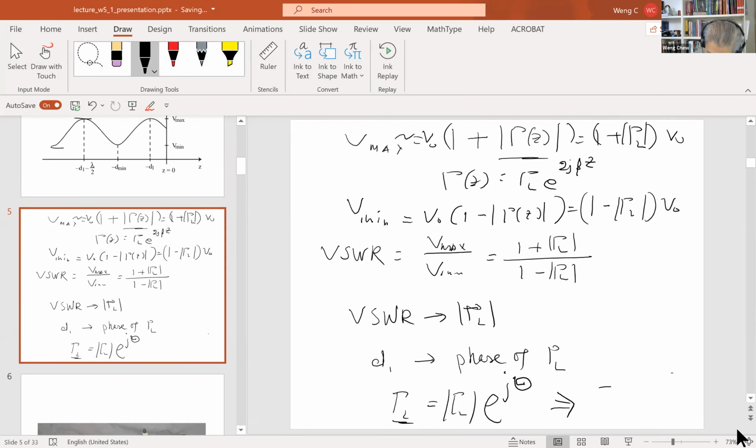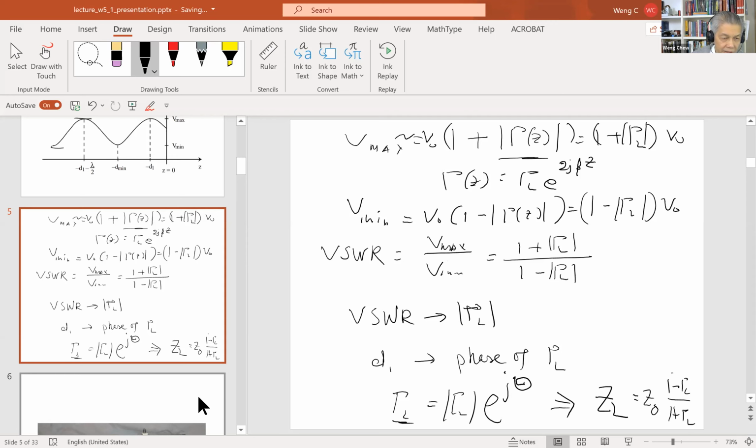And from here, you can find ZL. ZL and gamma L are related to each other because we know that ZL is Z naught times 1 plus gamma L over 1 minus gamma L. So you have this kind of relationship.